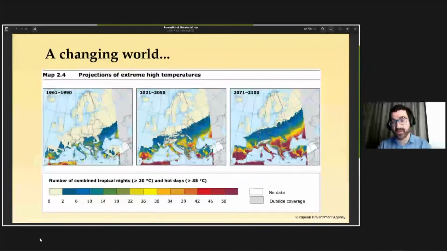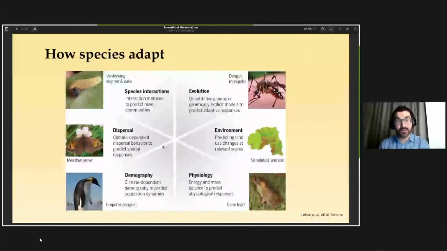Also, there's this kind of projections that we can kind of forecast how changing of temperature is going to be in the future, and how animals or any kind of species that live in these areas is going to be affected in the future. So species have a range of ways to adapt. We can see how, for example, in the ecosystems, the species interaction can change.